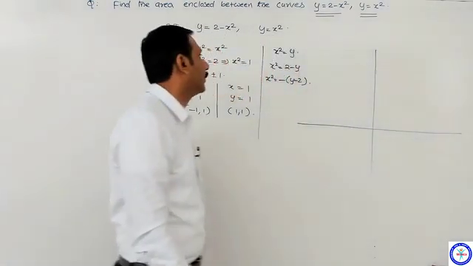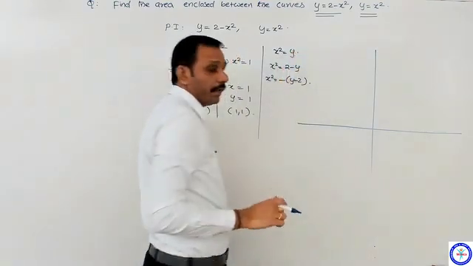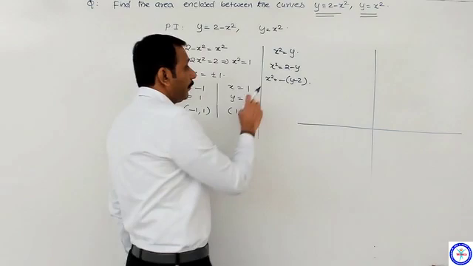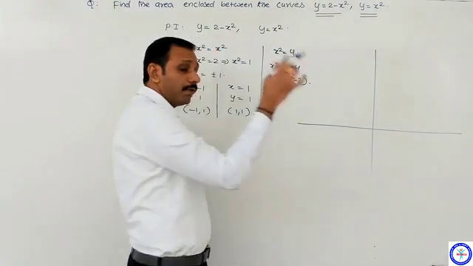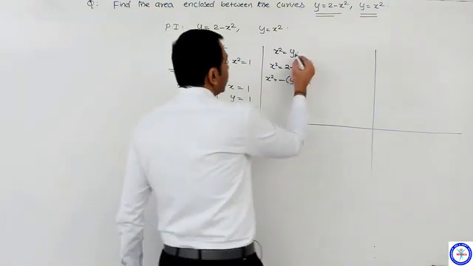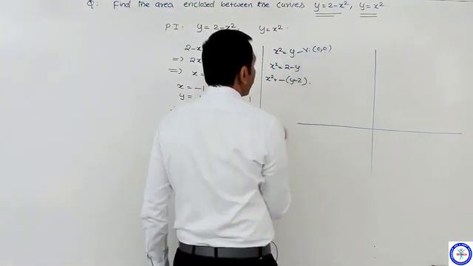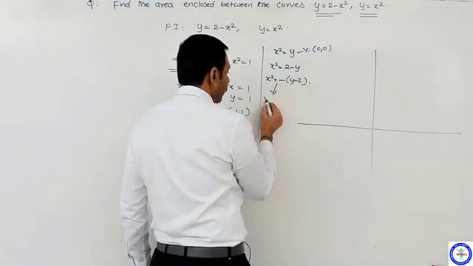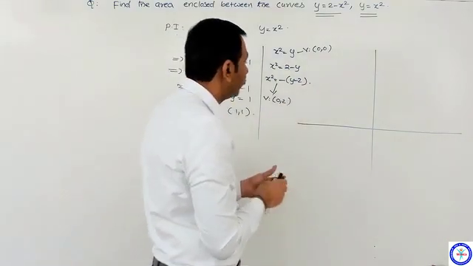The first parabola x square equal to y opens upwards. The second parabola x square equal to minus of y minus 2 opens downwards. These are standard parabolas: the vertex of the first is 0, 0, and the second is a parabola whose vertex is at 0, 2.